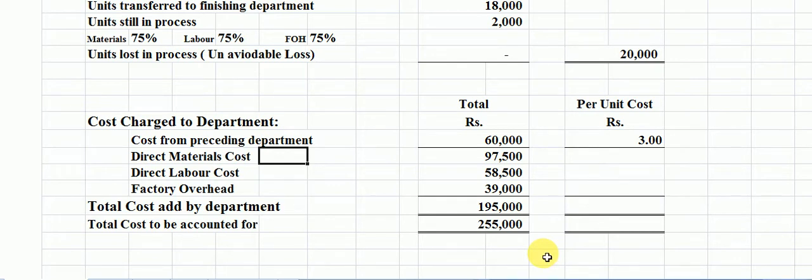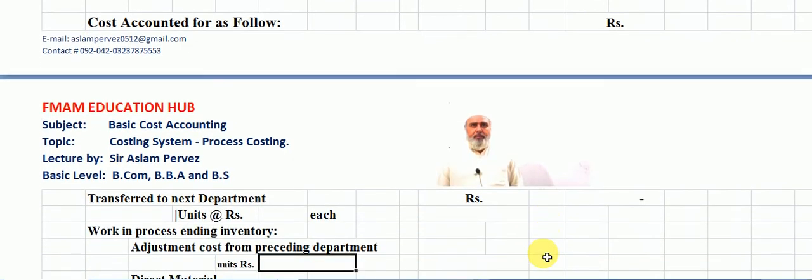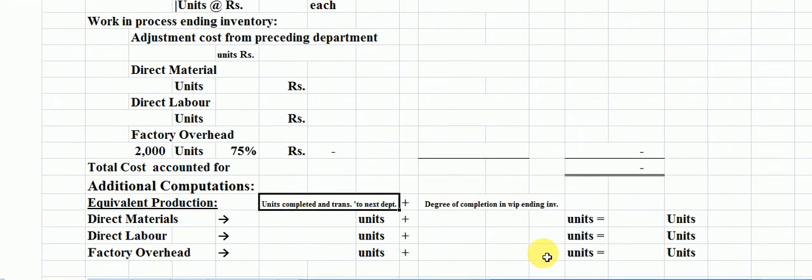For which we have to move to the fourth section, the addition computation, to find out the equivalent production in direct material, direct labor and factory overhead.